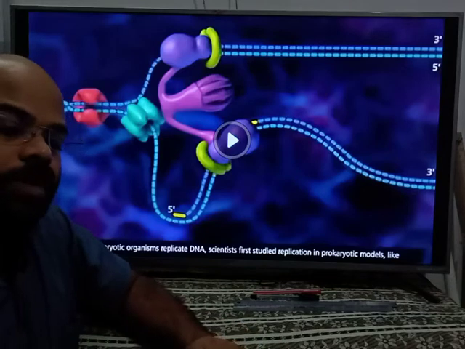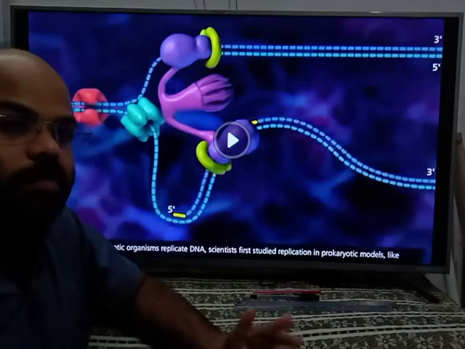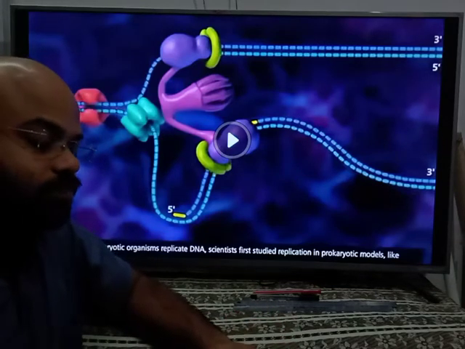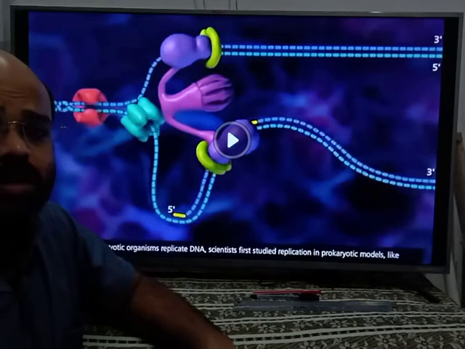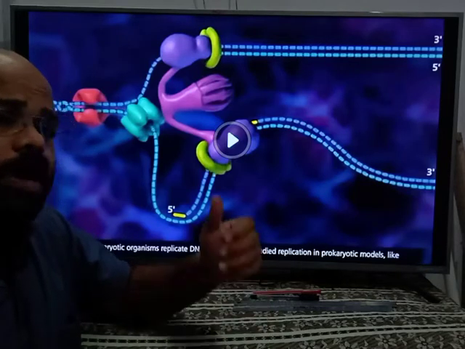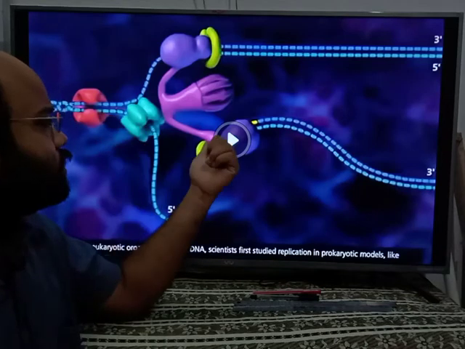Earlier in the assignment I have given the DNA clamp. The clamp is present with topoisomerase and also with DNA polymerase.